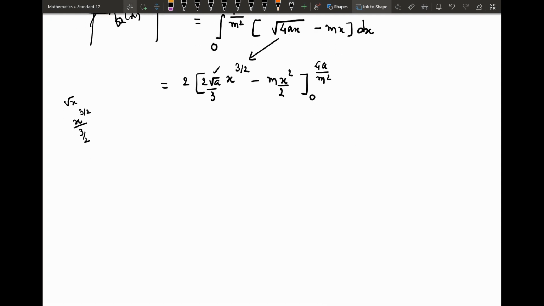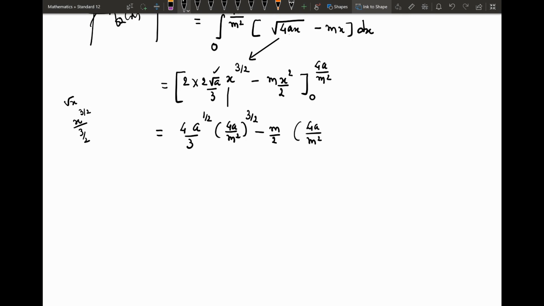Now first put the upper limit x equal to 4a upon m square: 2 root a upon 3 into (4a upon m square) raised to 3 by 2, minus m by 2 into (4a upon m square) whole square.